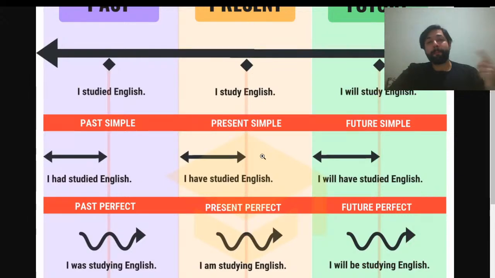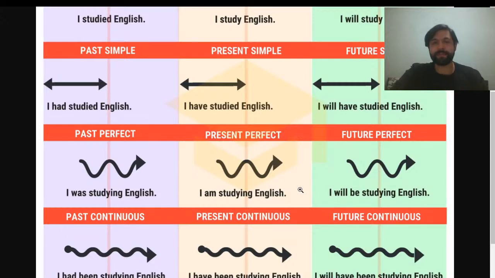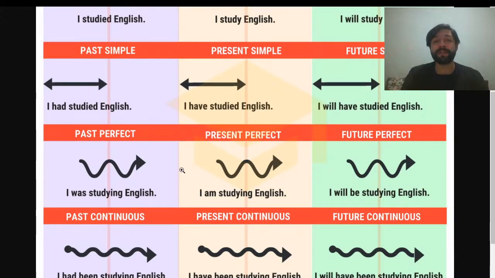When we are using the perfect, actually I'm gonna go with the continuous now, the continuous. So remember that I was saying minutes ago that for the continuous in English, we must use be plus ing. So basically, the ing is the responsible for the name continuous in the grammar books. So you can see that past continuous, present continuous, future continuous. And then you can observe the sentences: studying, studying, studying.